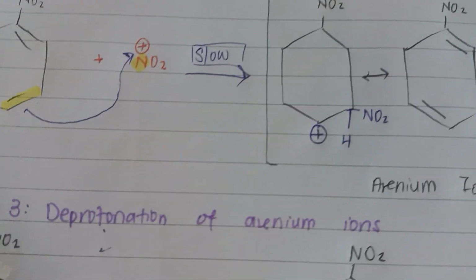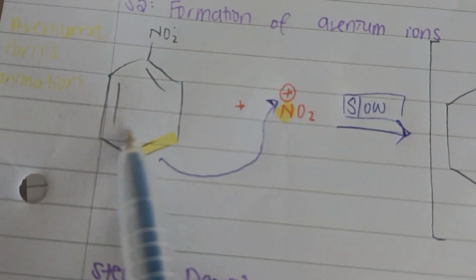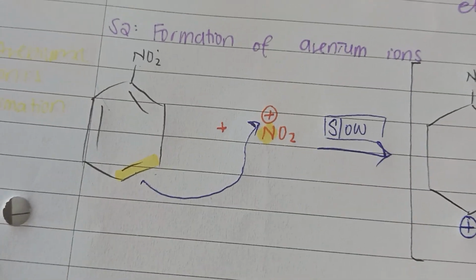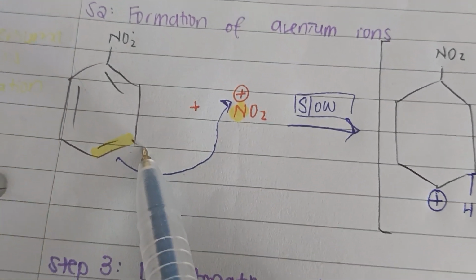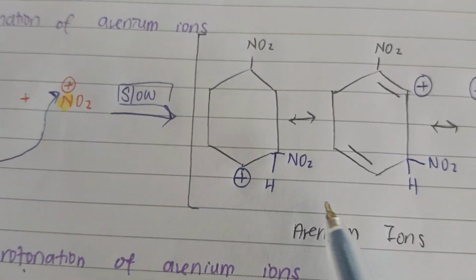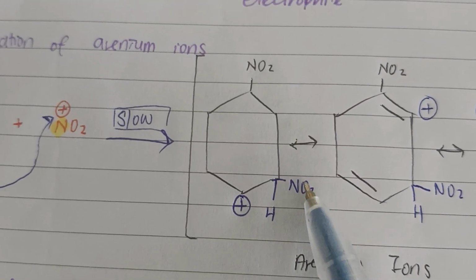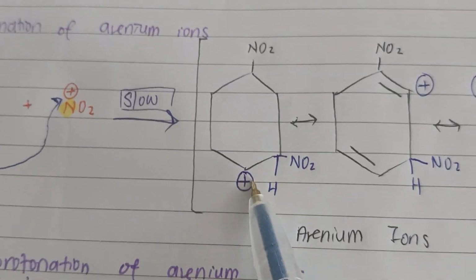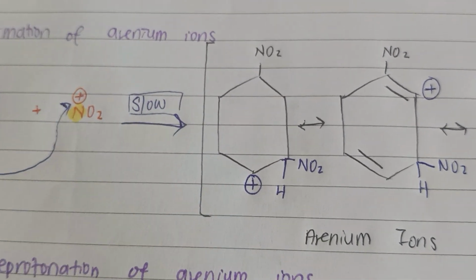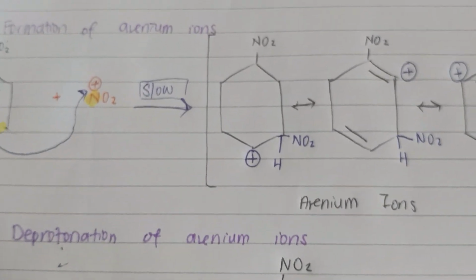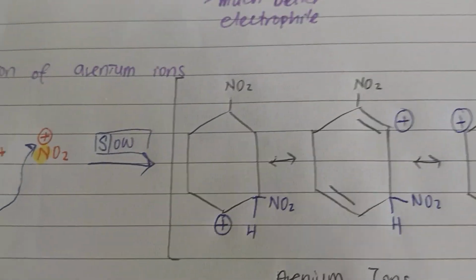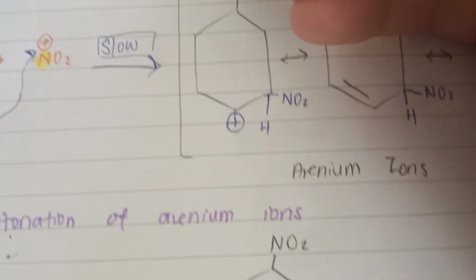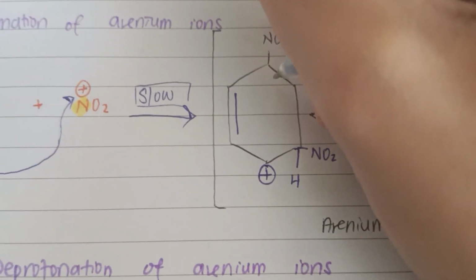Because you see, when we break the double bond over here, this one end will attach to the nitro group over here and an H, and then the one left behind will have a positive charge. Okay, so copy back the double bond that was not involved earlier, like so.